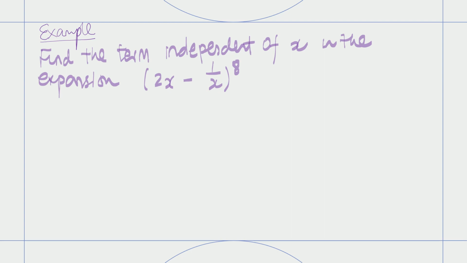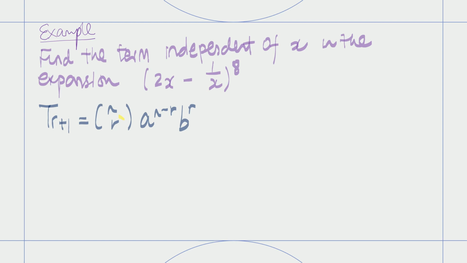Well, we will still have to use the general term formula. The only difference here is that we do not know the value of r.